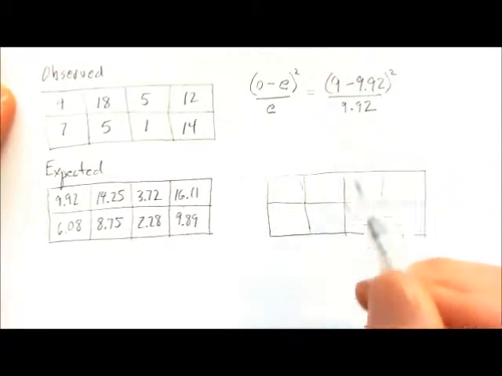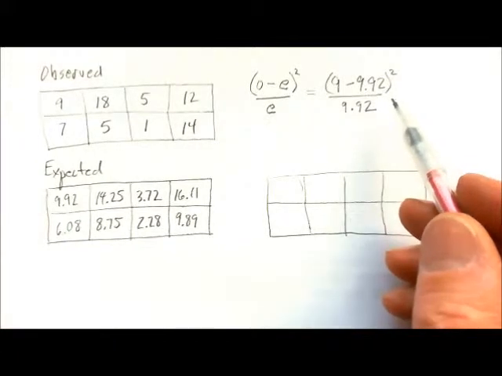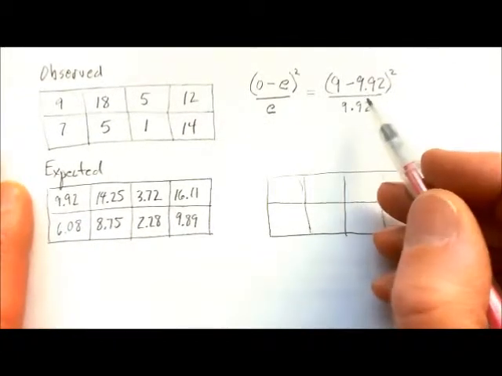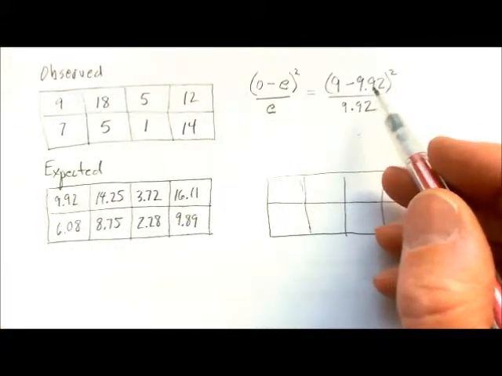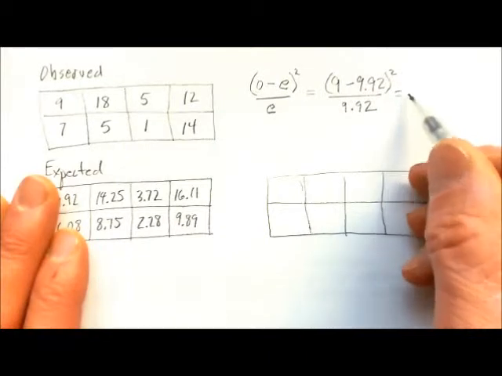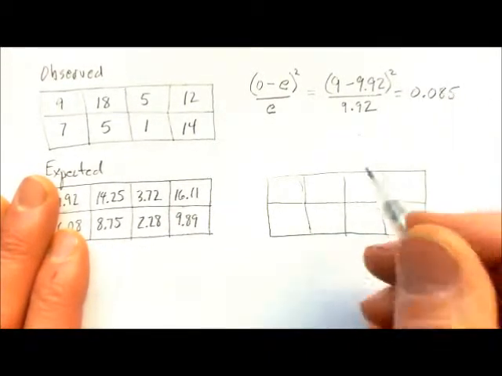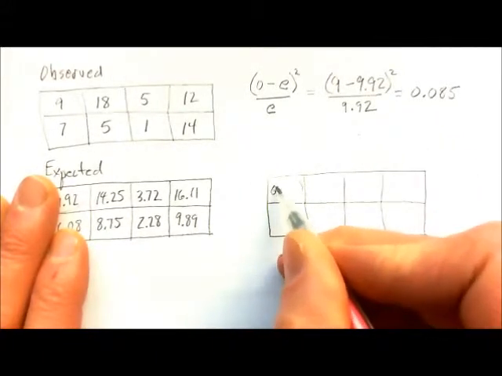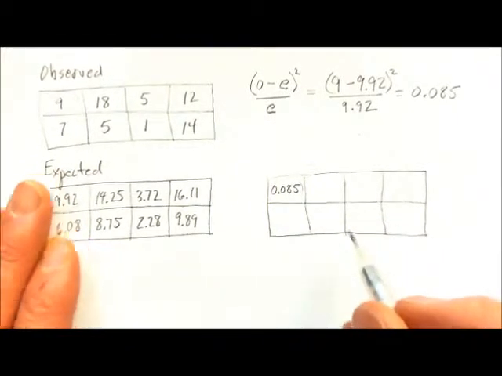And for reasons you'll see in a moment, we're going to round our results to 3 places past the decimal. So when I compute this and round it in that manner, the value we get is 0.085. So let me put that number in this cell.